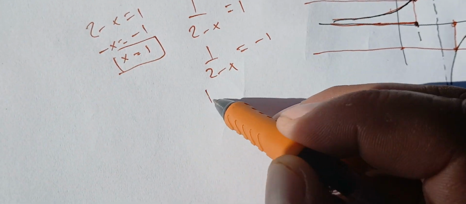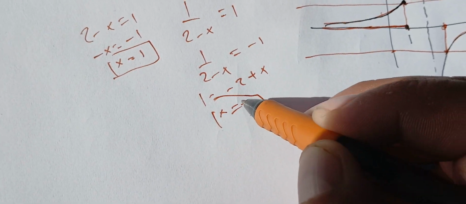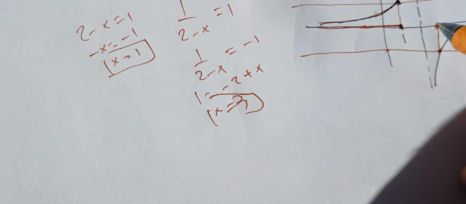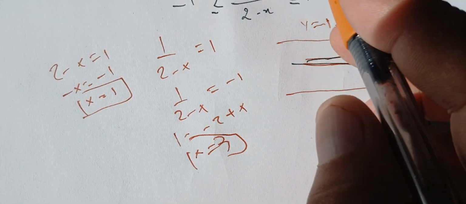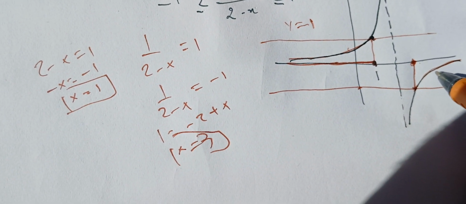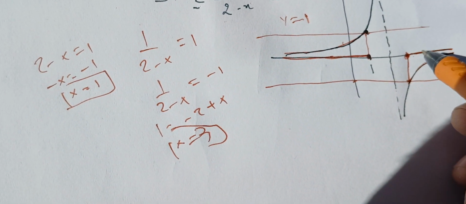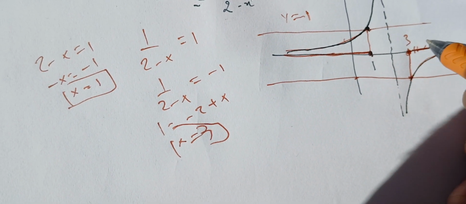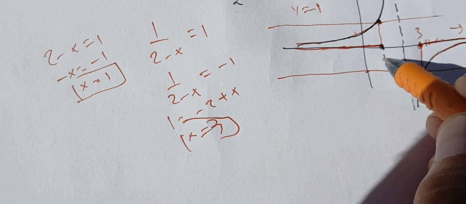If I solve, I get 1 is minus 2 plus x. That means x is 3. I'm interested in the x values. X is 3, and the values of x that would make this one less than 1 and bigger than minus 1, is that I need to be here. So this is 3 to plus infinity, and this is minus infinity to 1.